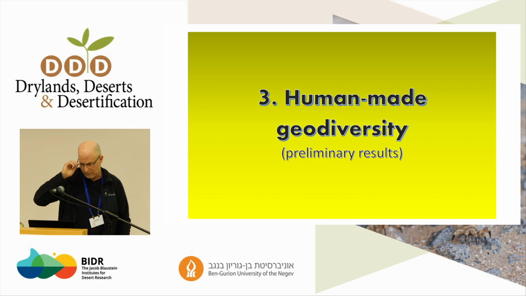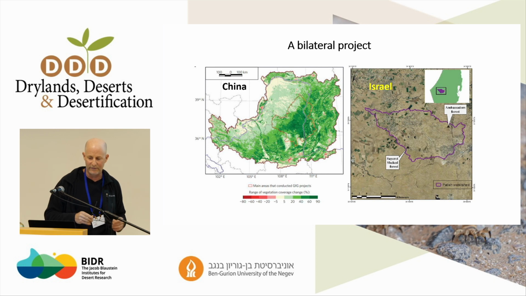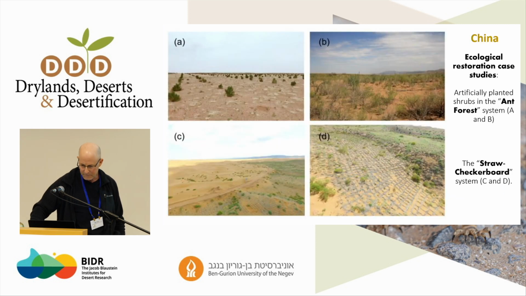And to the topic of human-made geodiversity, for which I will also present very shortly some preliminary results. This is a bilateral project between China and Israel as partners. On the Chinese side, the Chinese aim at assessing two ecological restoration case studies.